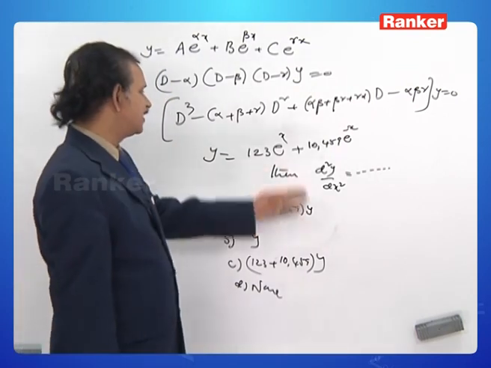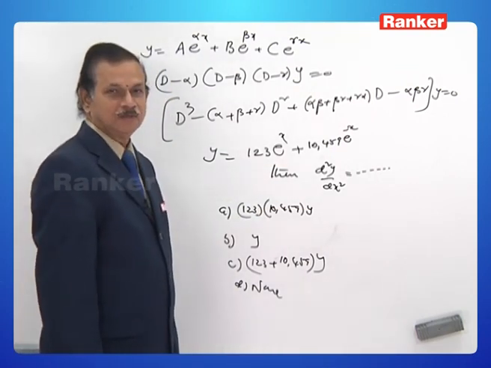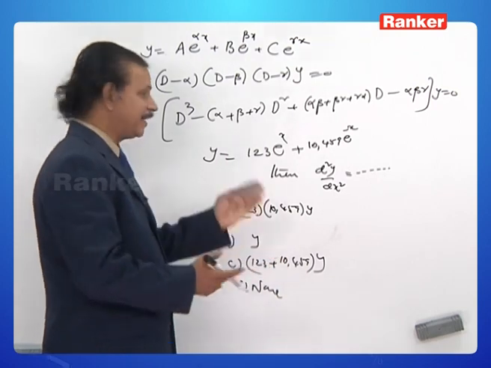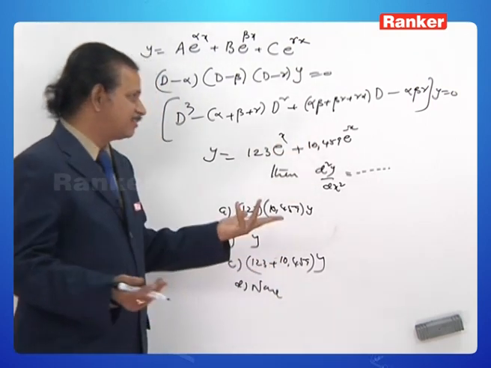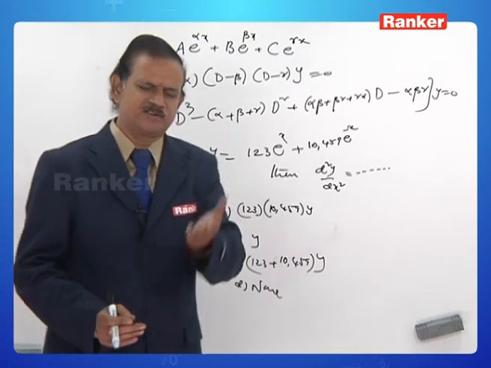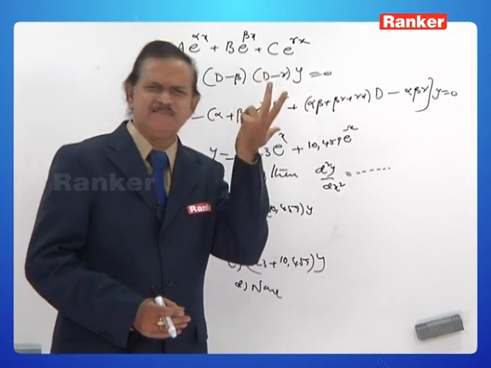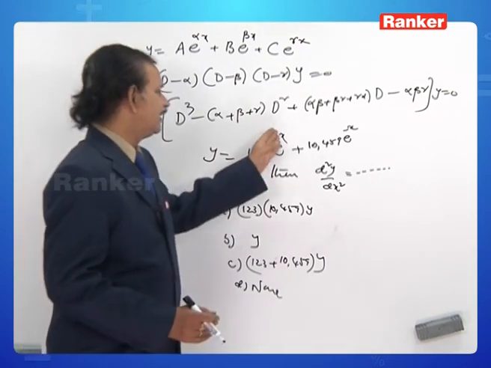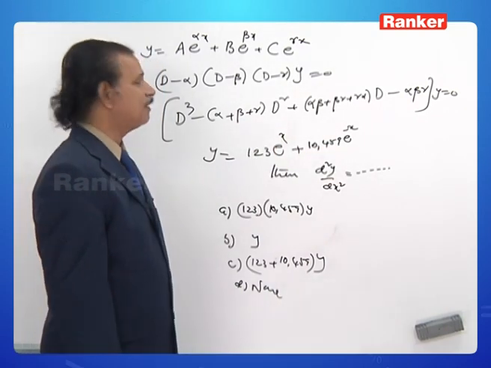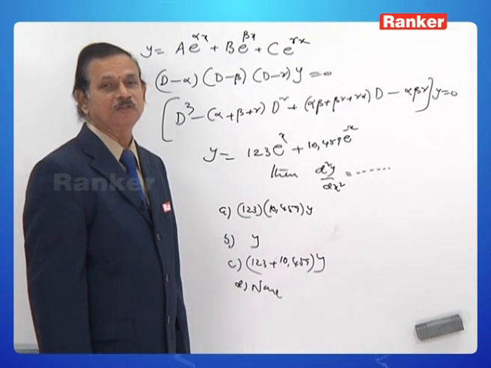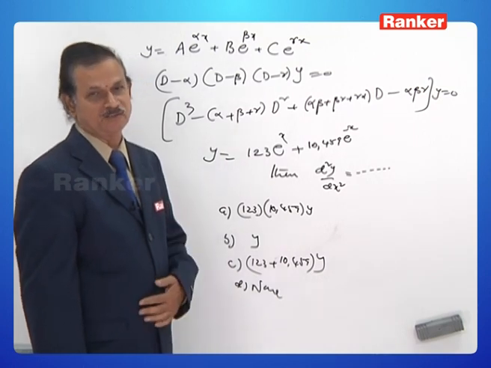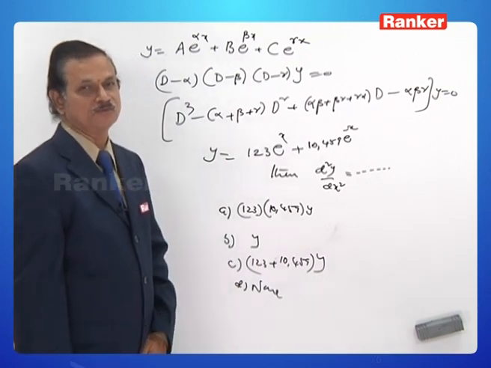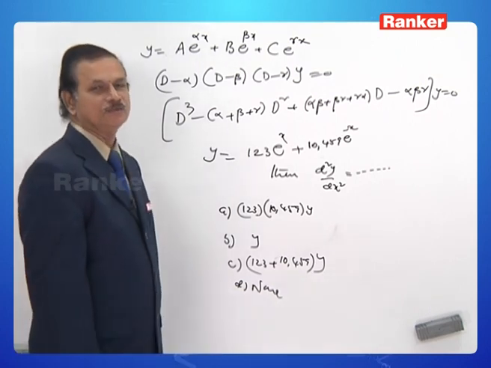What is the speciality in this problem? We may be stunned by looking at these numbers 123, 10,459, whatever larger integers he may give there. We just do not touch them. Alpha is 1, beta is minus 1. Alpha plus beta is 0. So there is no question of getting any dy by dx. d square y by dx square minus y is equal to 0.